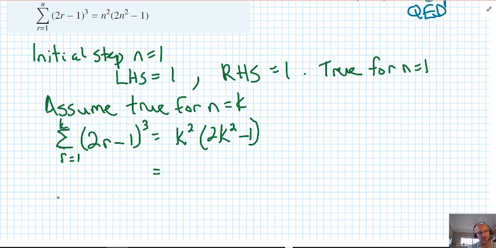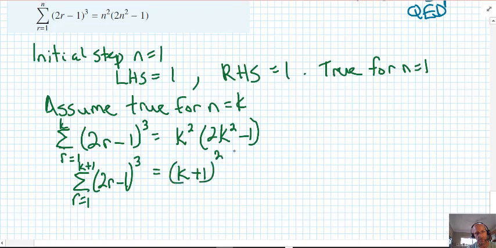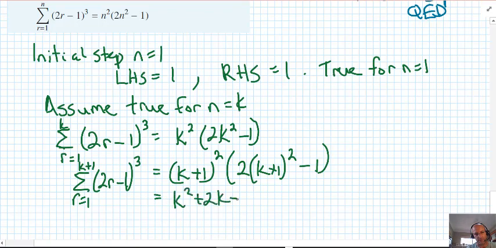Okay, so by substitution, it's clear that the sum from r equals 1 to r equals k plus 1 of (2r take 1) cubed, we should get (k plus 1) all squared times 2 by (k plus 1) all squared minus 1, and perfect square expansion on the first part of the product there, and expanding the second term in the product.